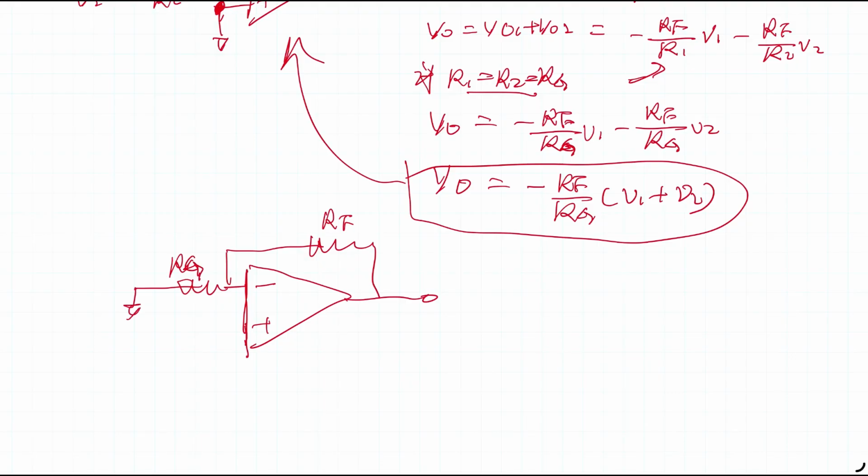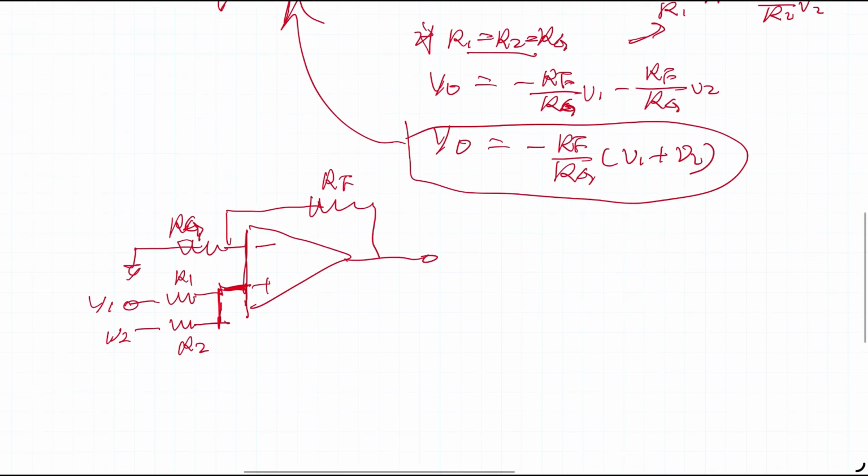Now look at the case where the input voltage is not on the inverting side, but on the non-inverting side. So we have two inputs going to the non-inverting side of the op-amp, simply V1 and V2, with R1 and R2.